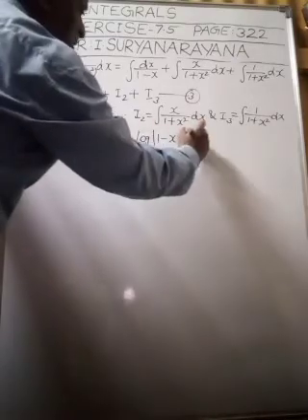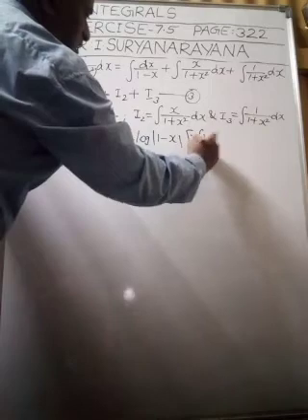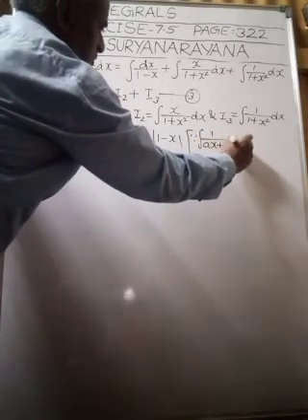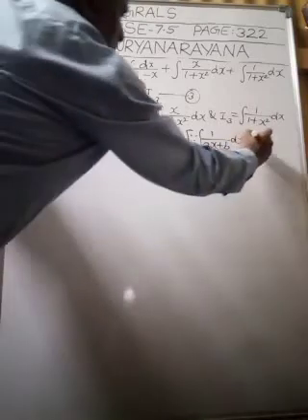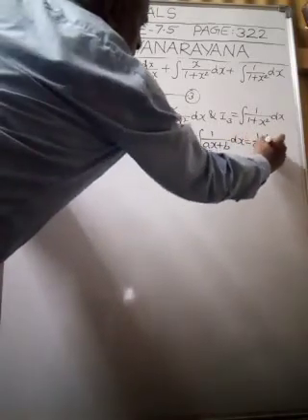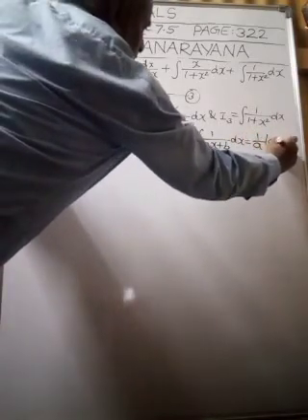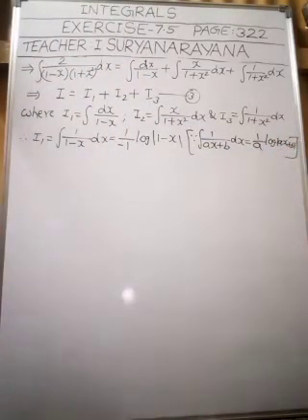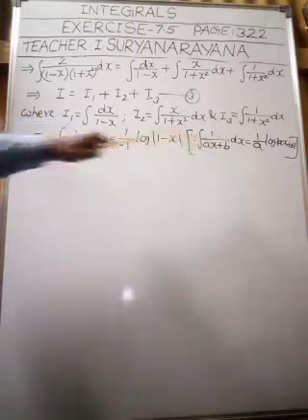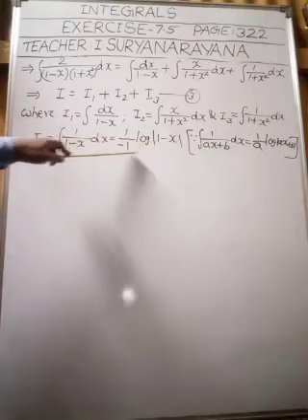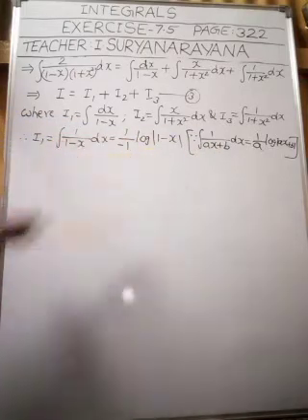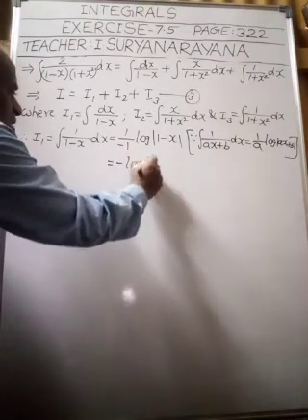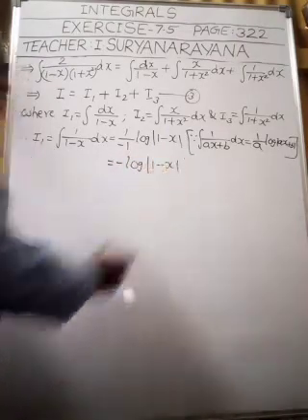Okay, my children, because integral 1 by ax plus b dx is equal to 1 by a log mod ax plus b. By using this integral, we wrote this step. Understood this step, my children? Right. This is equal to minus log mod 1 minus x.